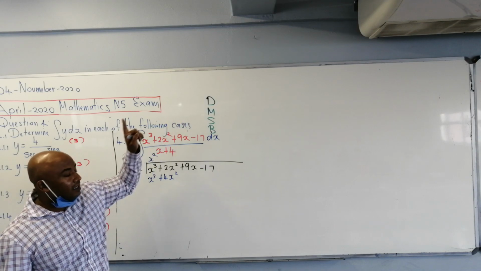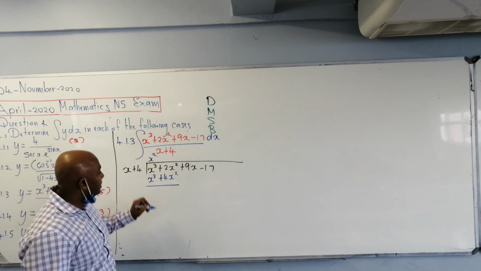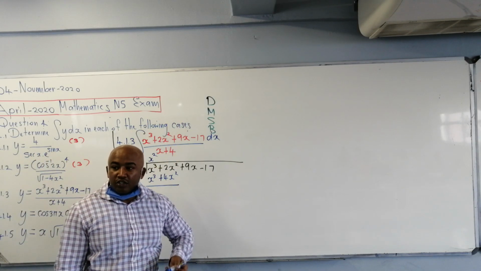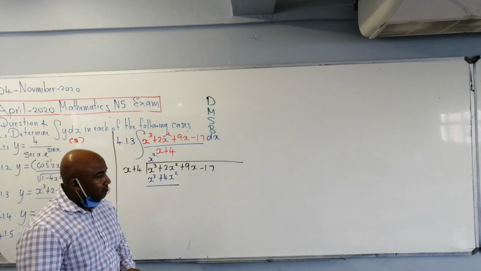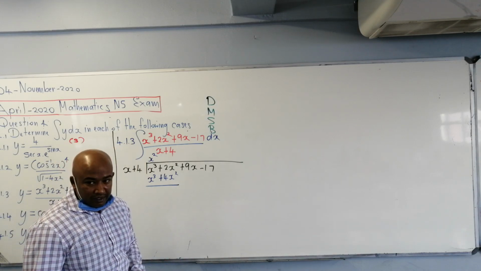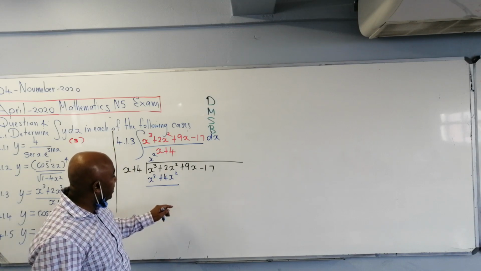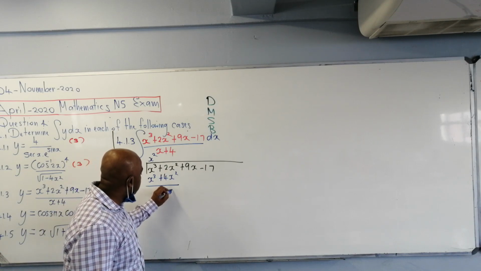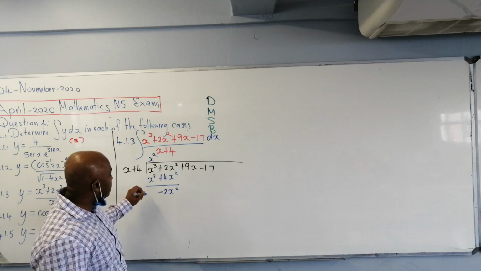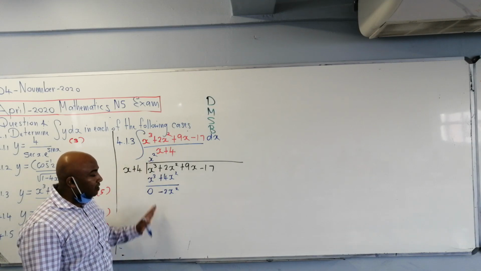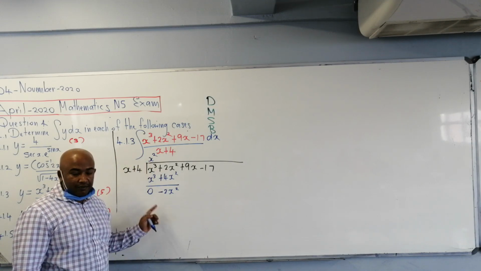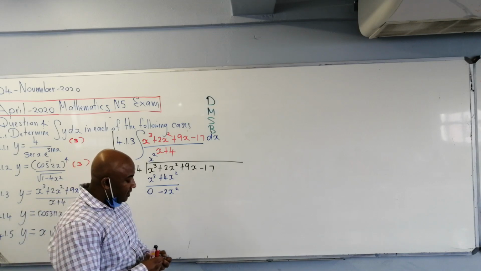So that is multiply. And now the next step is subtract. Top minus bottom. Okay, by now you should know it. Top minus bottom, just a subtraction. 2 minus 4 will be minus 2x squared. X cubed minus x cubed, you must always get a 0. Here's your first one. Okay, if you don't, you made a mistake somewhere.